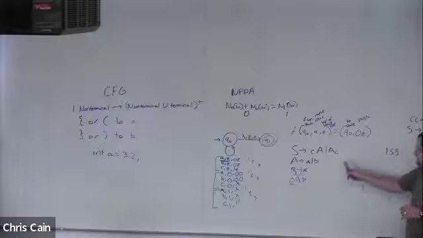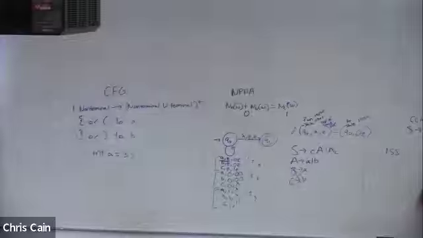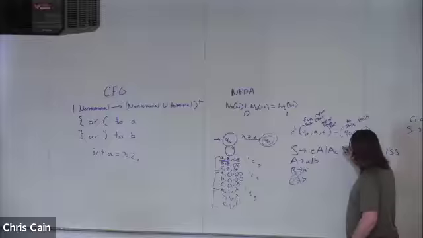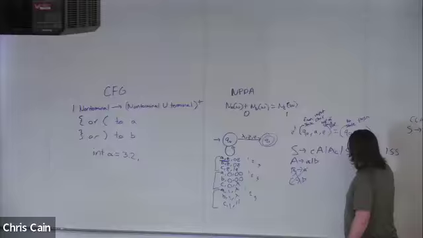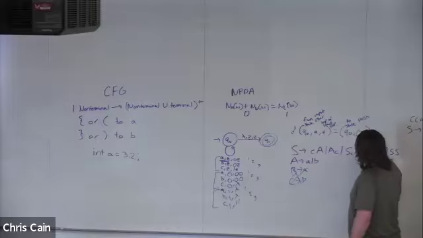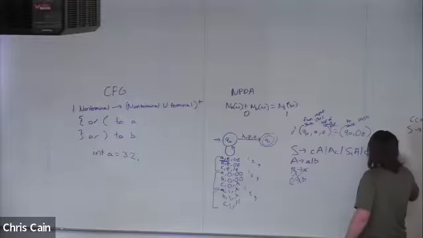We have to distribute this S somewhere into this, allowing for extra options. It's not necessarily that this idea is happening sequentially, it's that it can happen recursively. So to make it recursive, we just have to add options for where the S is in this. Either we have an SCA or a CSA or a CAS.